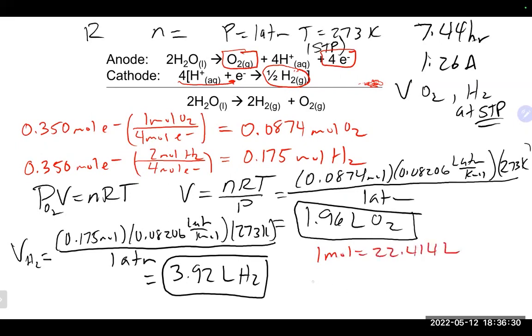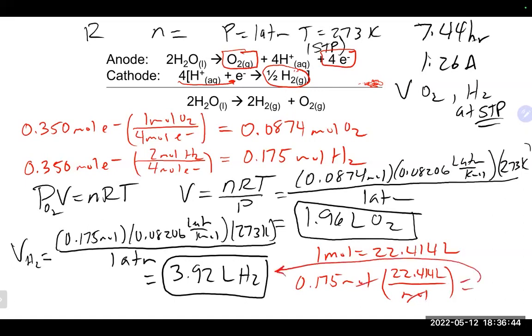So you could have just taken the moles of either one, really, 0.175 moles, and multiplied it by 22.414 liters, and that should pretty much give you that number as well. So you could use that relationship because it's at STP. That's the only time you can use that relationship, by the way. Otherwise, you could clearly just stick it into the ideal gas law, not a problem.